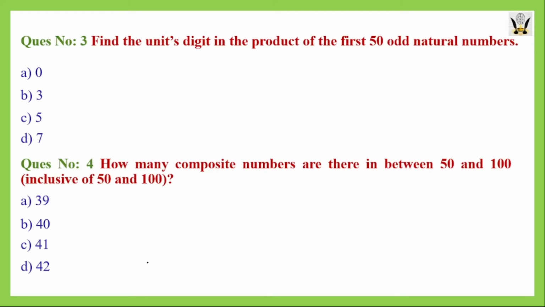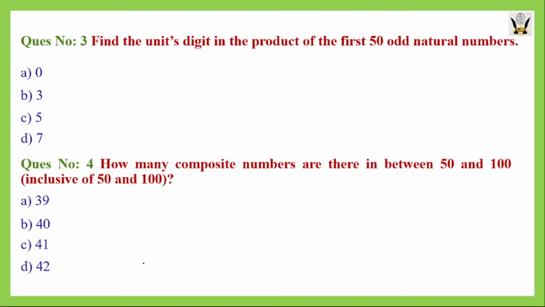The next problem says, find the units digit in the product of the first 50 odd natural numbers. Now here again we have natural numbers, and odd natural numbers this time. That means our counting will start from 1 and continue for the next 49 odd natural numbers.